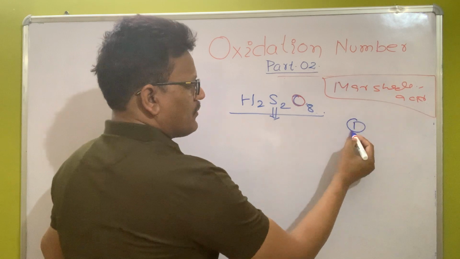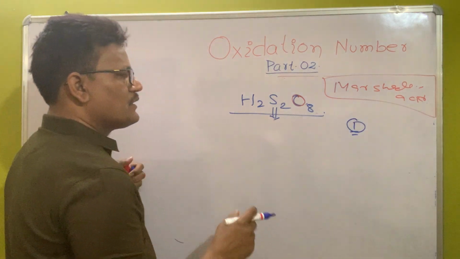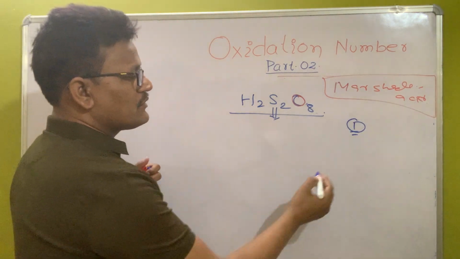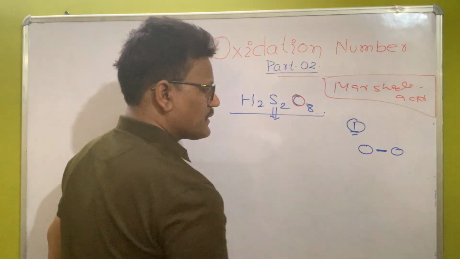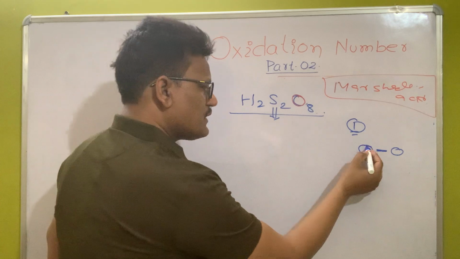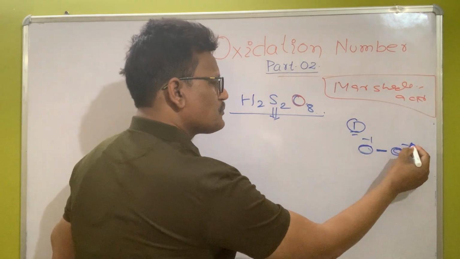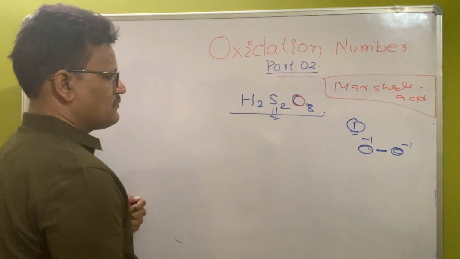One peroxide bond indicates that two atoms, because peroxide bond is formed between two oxygen atoms. So two oxygen atoms will have minus one oxidation number.